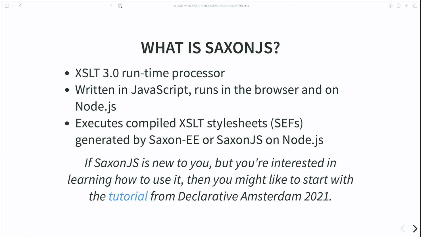And if SaxonJS is completely new to you, and if this talk interests you a bit, or you want to find out more, then of course you can go to the Saxonica website and find various information. And if you want to learn how to get started, then there's a tutorial that Norm and I presented just a couple of years ago at Declarative Amsterdam. And so the GitHub project is available, and the tutorial notes and the video from this talk. So if you want to go back to that, then please do.